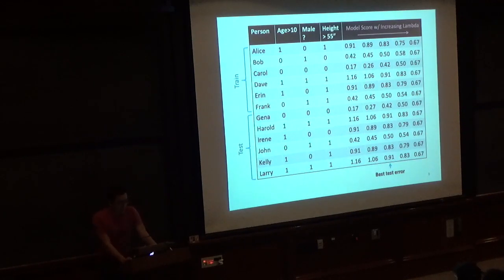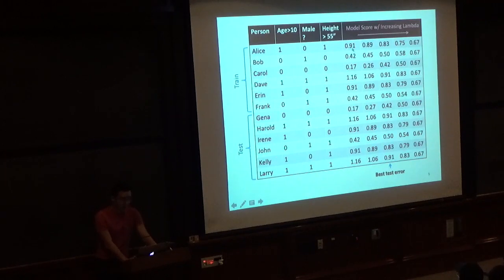OK, so here I am showing you the raw score of F. Remember that the fourth column is the target Y, and we're trying to predict Y as accurately as possible in terms of squared loss, given a linear combination of the first two features in columns 2 and 3.